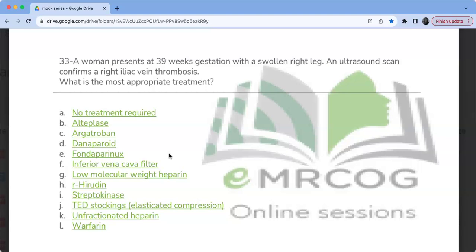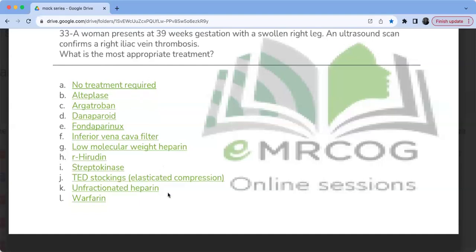This is to reduce the risk of developing pulmonary embolism, or for a patient who has had recurrent VTE, right? Since the patient is 39 weeks, this is peripartum, so either near to delivery or after delivery. So here I will choose the inferior vena cava filter, my friends, because of the gestational age.